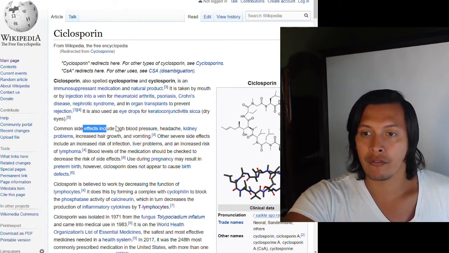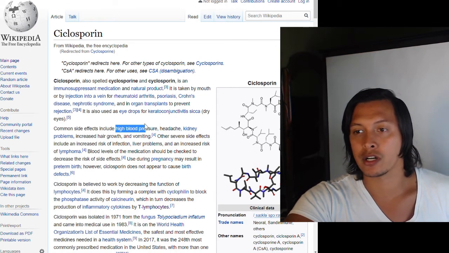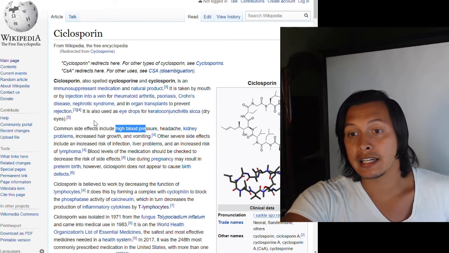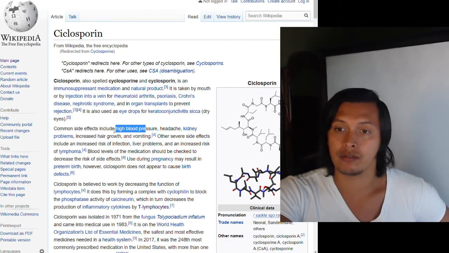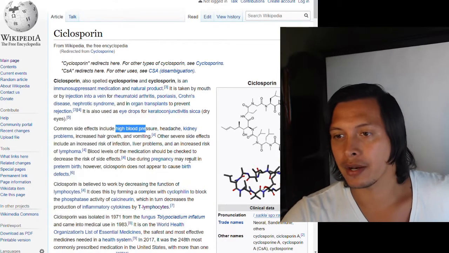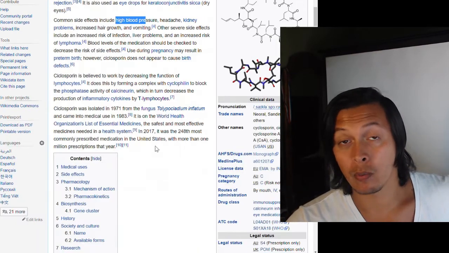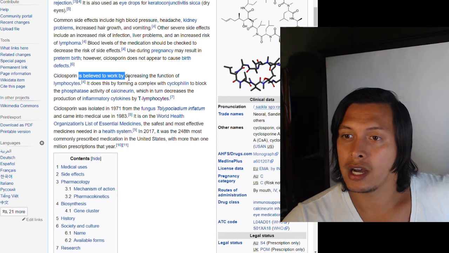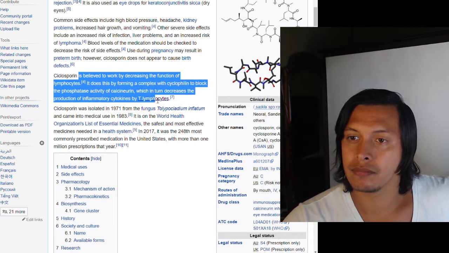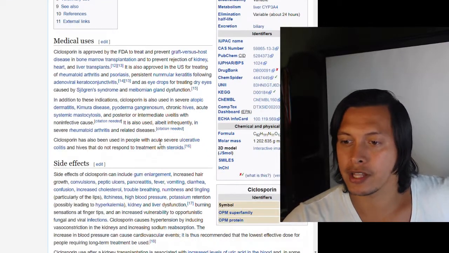However, one of the problems I can see is that common side effects are high blood pressure, headache and kidney problems. We know that this could be problematic, especially in a lot of people who already have high blood pressure. Yeah, we should look into this.